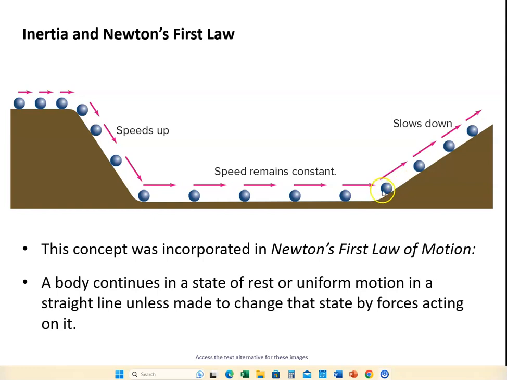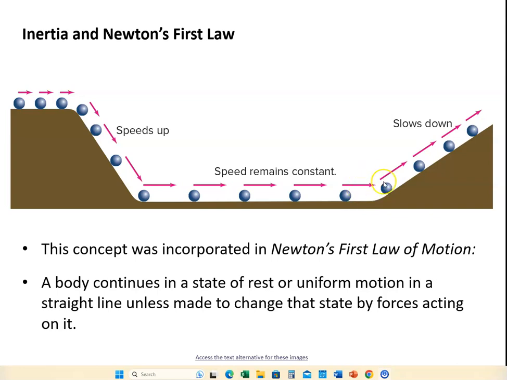All right, so when the ball starts to go up the inclined plane, it begins to slow down. The arrow is the longest at the bottom, and then it gets smaller and smaller, and it will eventually come to a stop. The ball will come to a stop, and then, of course, roll back down the hill.